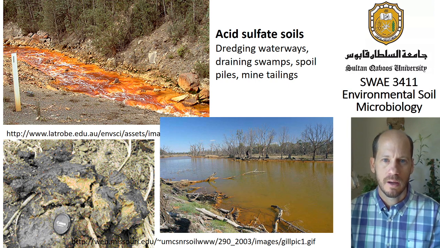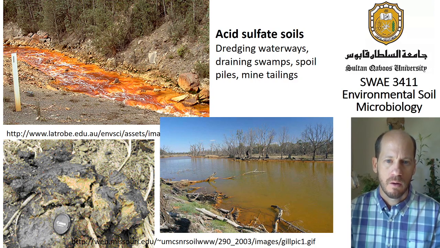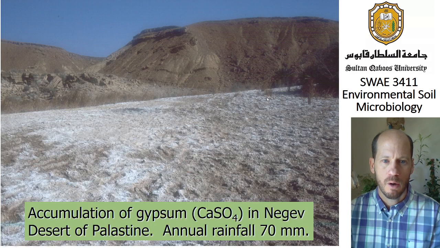So acid sulfate soils can contaminate the environment through the loss of iron from these soils. But this is not the case in Oman. Normally what you have in Oman is the opposite. You have alkaline conditions, and these sulfate molecules will tend to form precipitates with calcium mainly, as gypsum, but also with other cations.